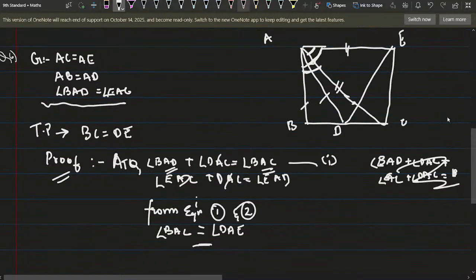We know there is a triangle ABC and EAD. Which triangle? These two triangles. In these two triangles, we can prove by SAS. How?